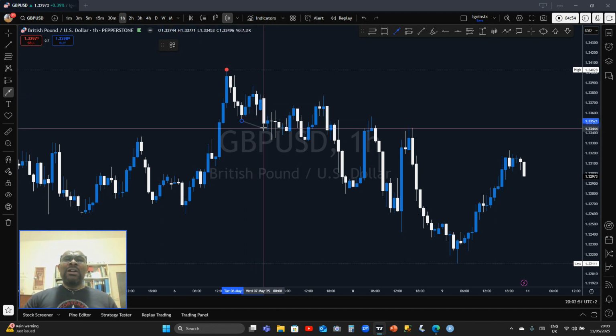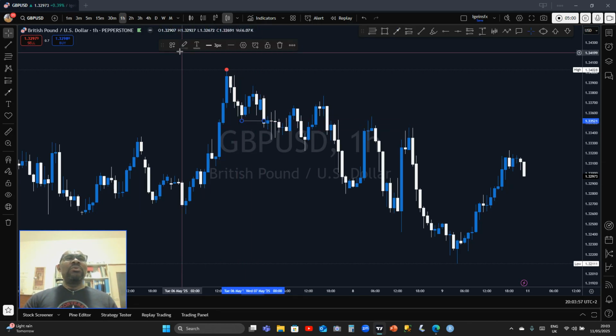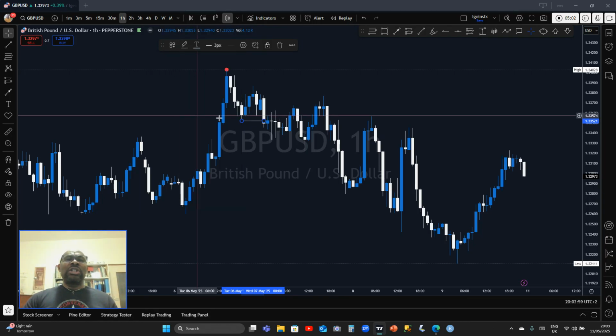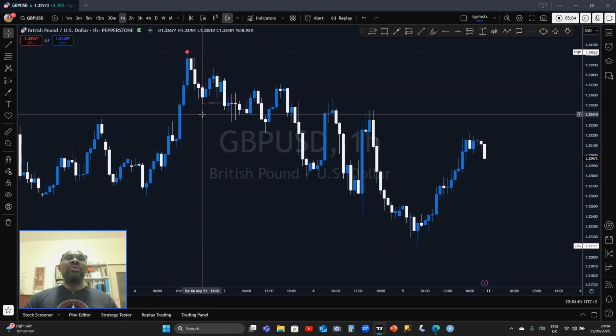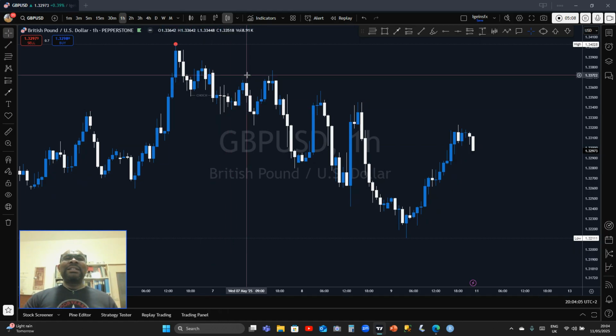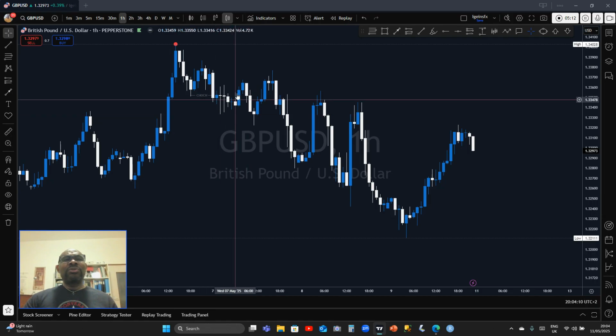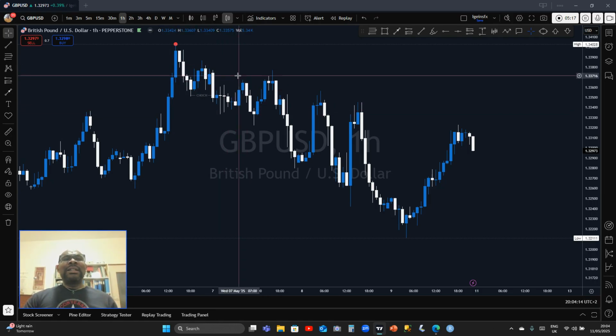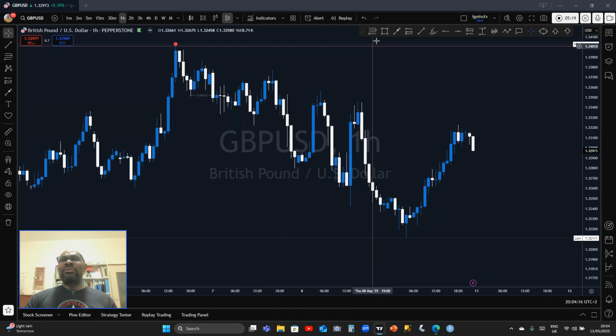Now it came down, it broke this support level. At this point we will say change of character, or you say market shift. He pushed back again to the upside, that is a retrace. Then he broke structure.